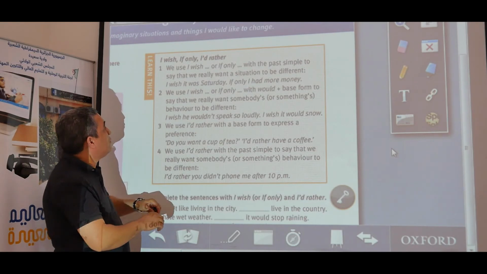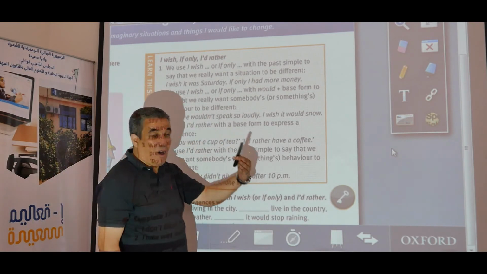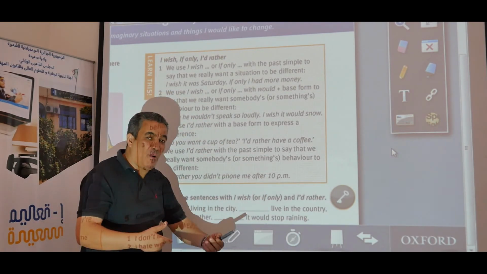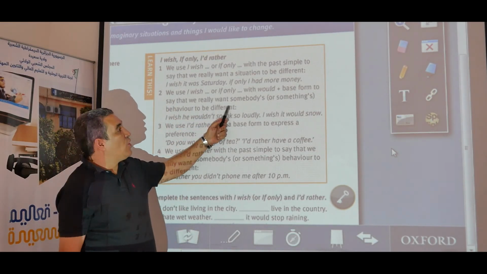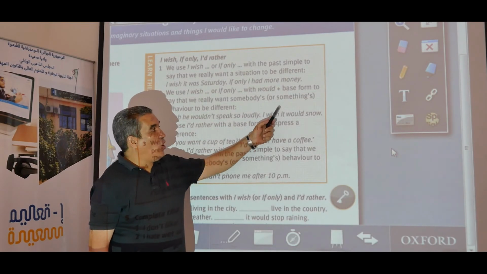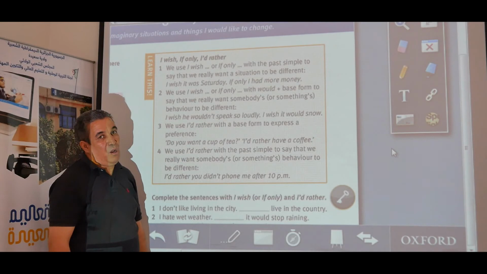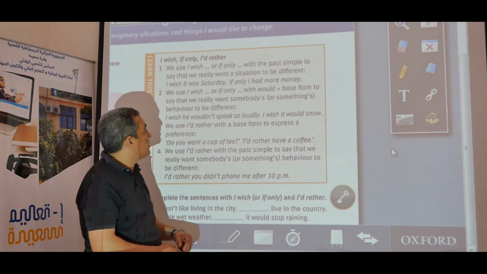Now number 2, we use I wish or if only with would plus the base form of the verb, or the infinitive, to say that we really want somebody's or something's behavior to be different. We want somebody's behavior or attitude to be different.